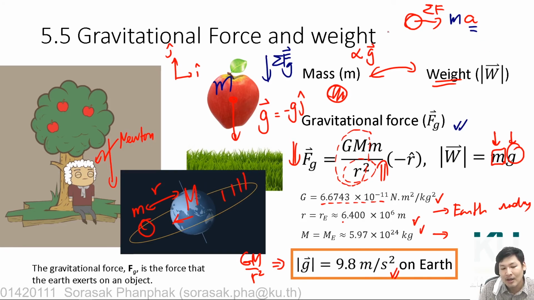But weight is related to that g, whether it's on Earth or on the moon or on the planets, right? So that is the definition. The mass unit is kilogram, but the weight unit can be newtons, because weight is another term for force, but you're looking only at its magnitude.